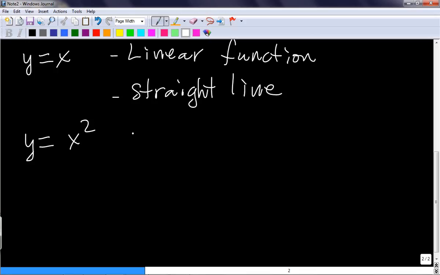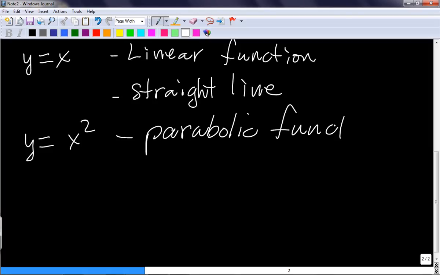We did y equals x squared, okay? That is a parabolic function. Fancy name. It's also called a quadratic function. Quadratic.